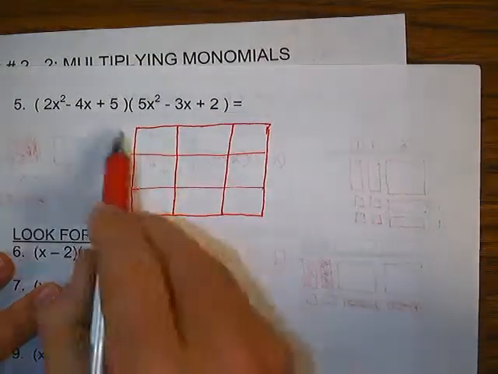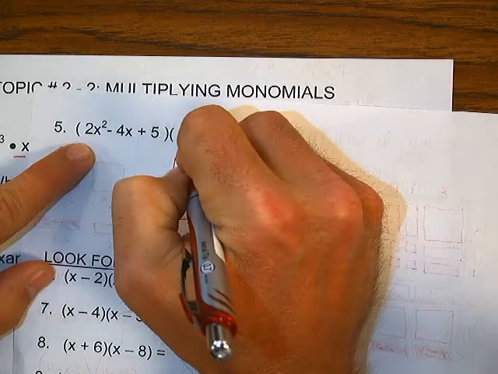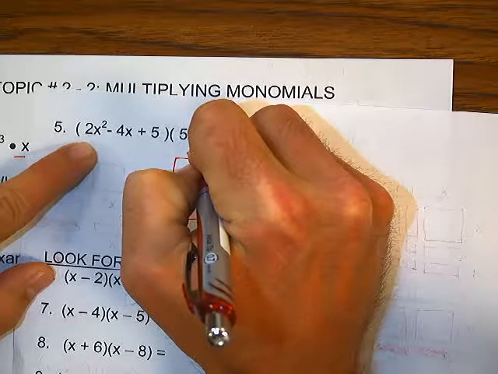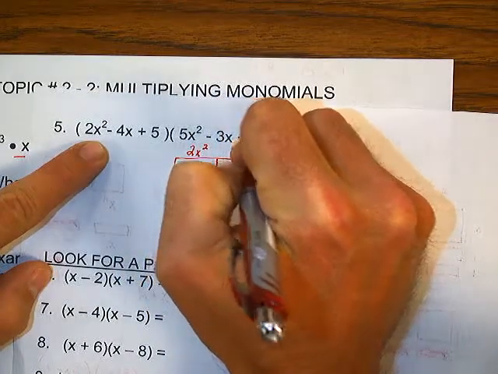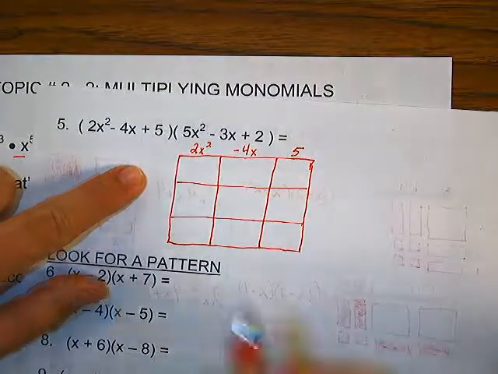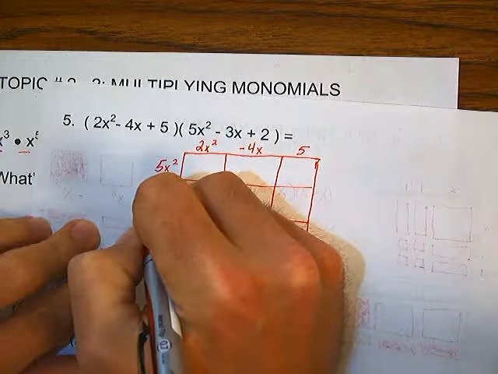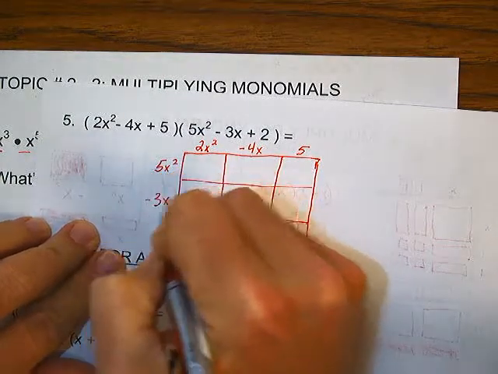Okay, so we have a 3 by 3 box. Okay, up top, I'm going to have 2x squared minus 4x and a positive 5. Down the side, I'm going to have a 5x squared, a negative 3x, and a positive 2.